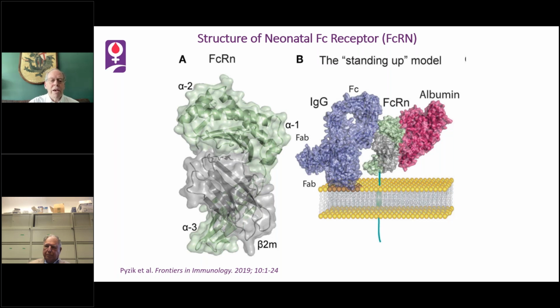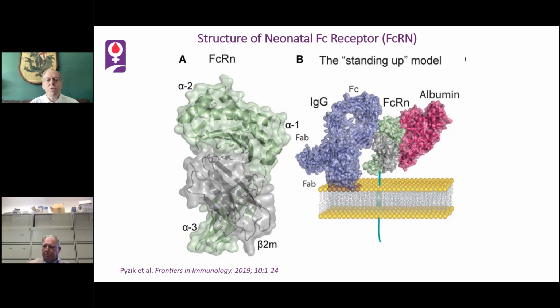This is a picture of it. Here you see the beta-2 microglobulin, and there are 3 alpha helical domains that are thus in total making an HLA molecule. And instead of having a pocket to generate immunity, it has a pocket to transport with. Now, importantly here, you see FcRn in the middle, where it binds albumin on one side and IgG is totally on the other side.